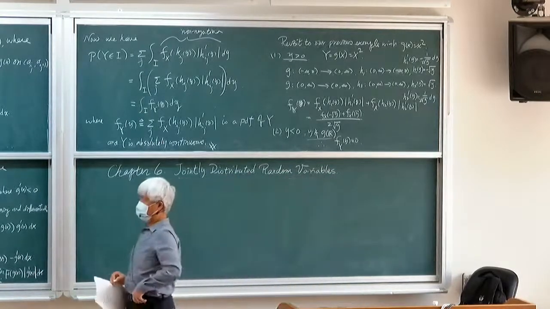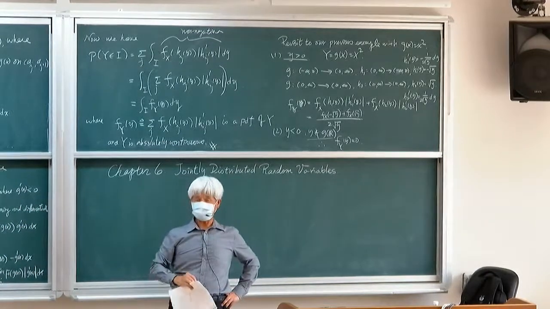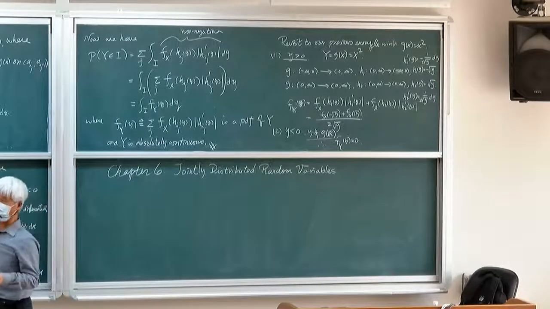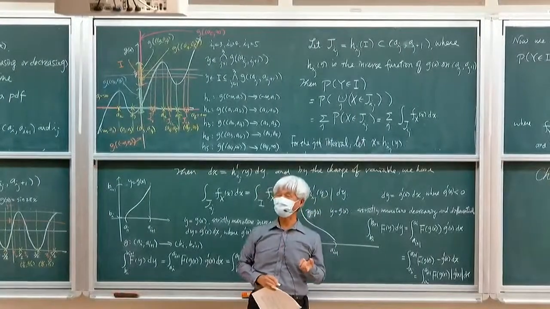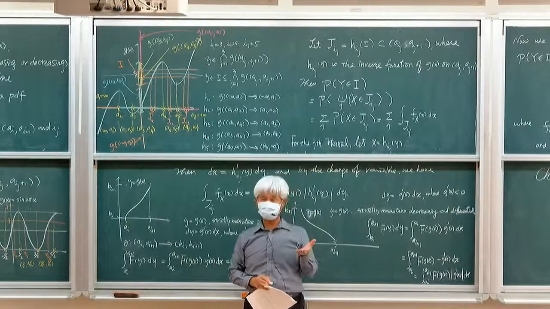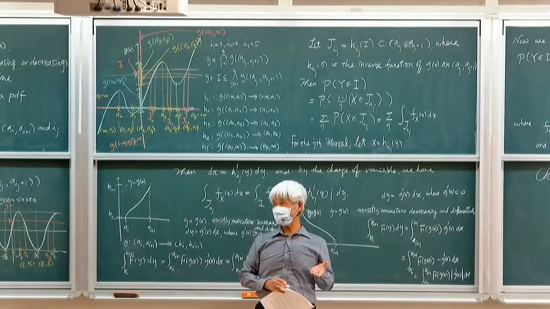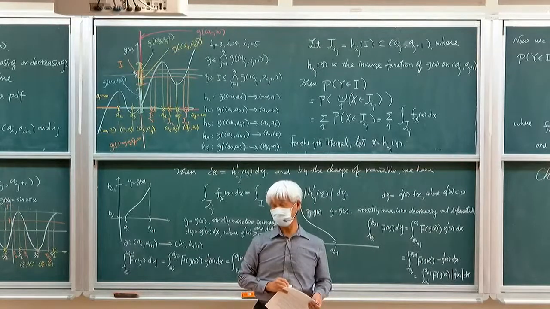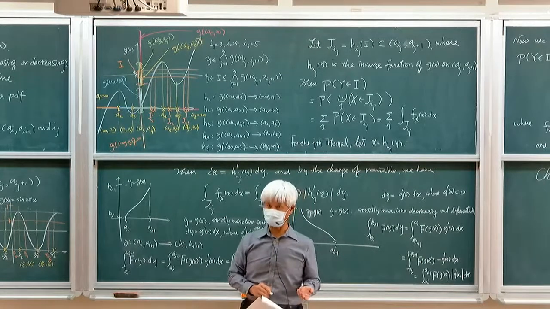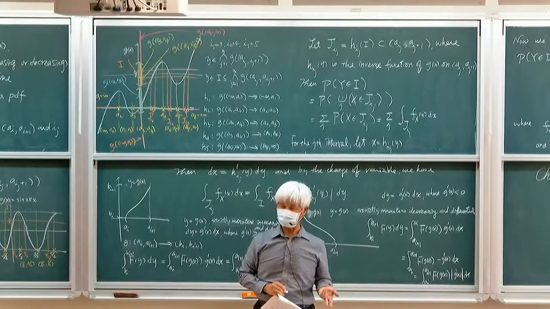Okay, so chapter 6 will deal with several random variables simultaneously, because in chapter 4 and chapter 5 we basically deal with a single random variable. Of course, sometimes we deal with more than one random variable. For example, when we consider the concept of expectation of an arbitrary random variable, indeed, we deal with the non-negative random variable first, and we use a sequence of simple random variables to approach it.